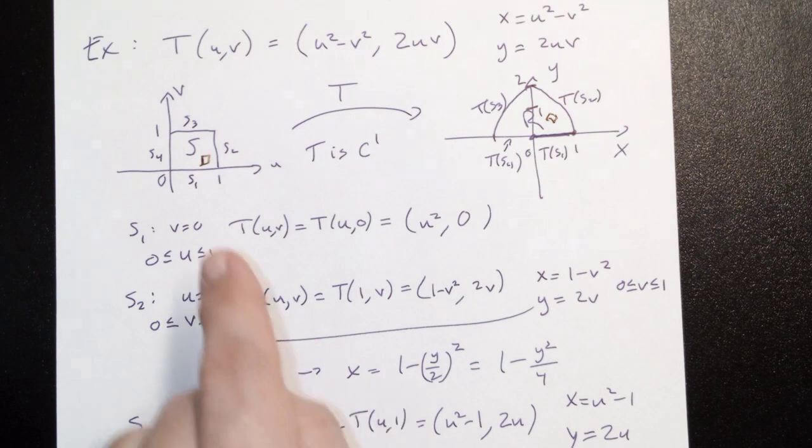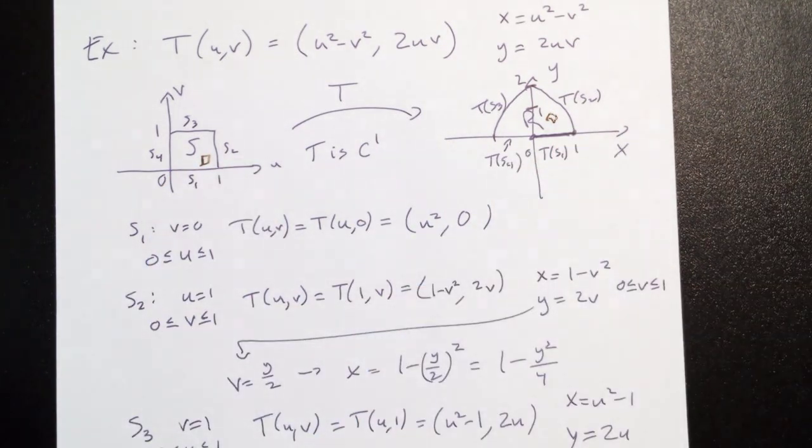So if I know how much this changes, then I can account for that change, and I can use it to integrate over there instead. The distortion created by a transformation is called the Jacobian of that transformation.